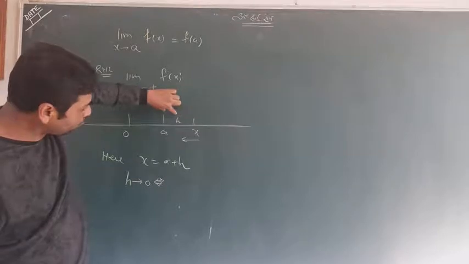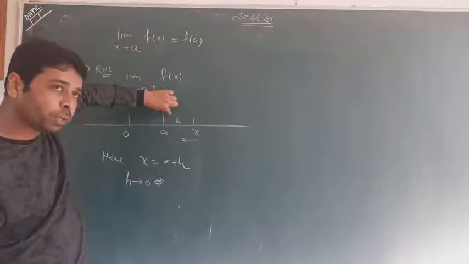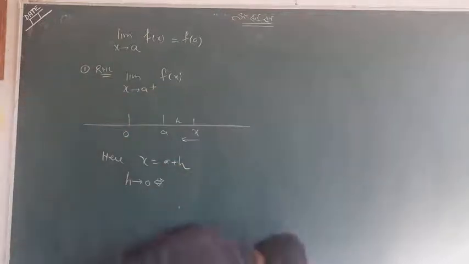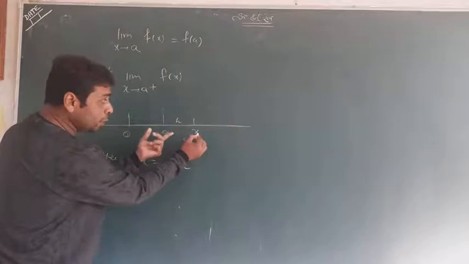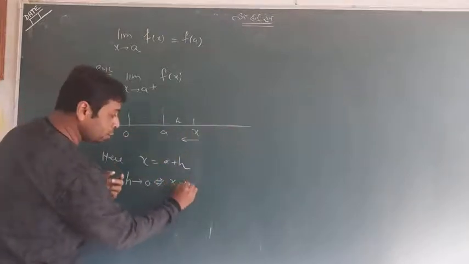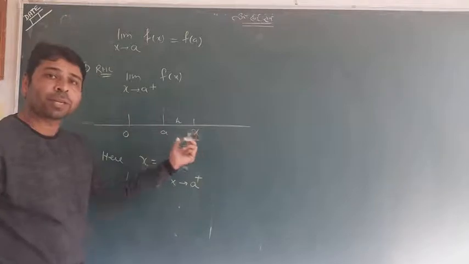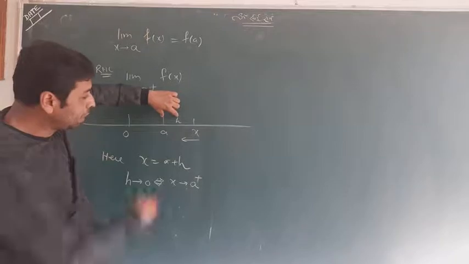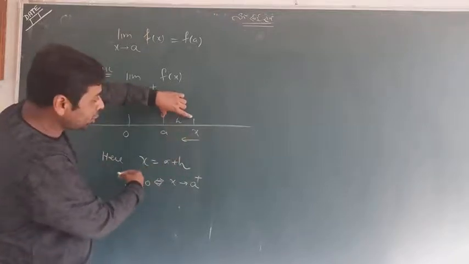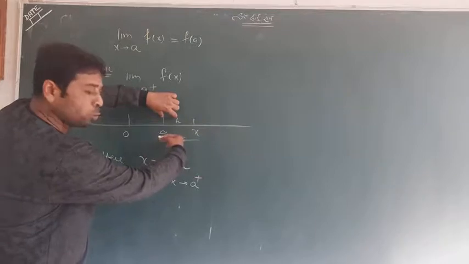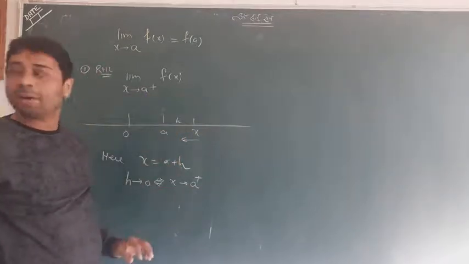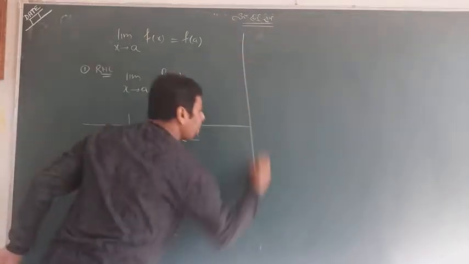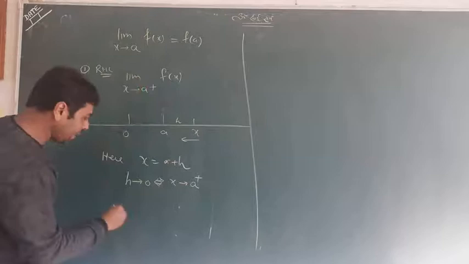So when h is becoming 0, x will slowly go to a, from which direction? The right direction. This is your h. When h is getting to 0, x is slowly approaching a from the right direction. That is the only thing I wanted to share with you: this thing I will change in terms of h. How can we look at it?